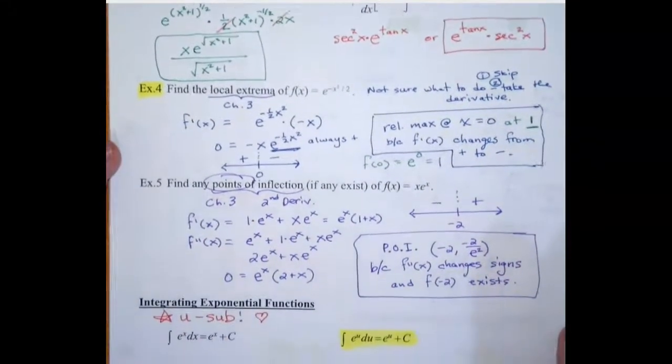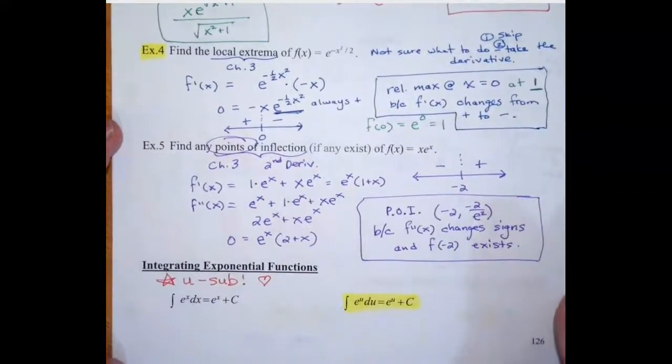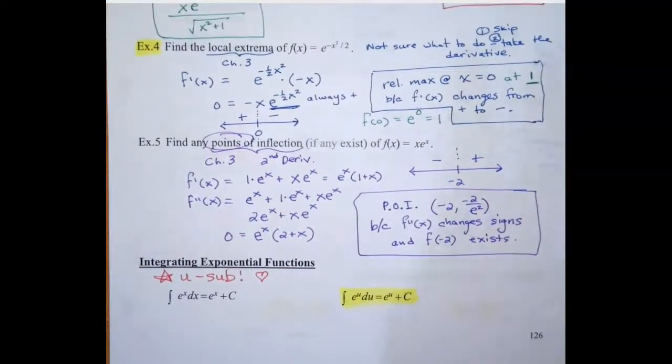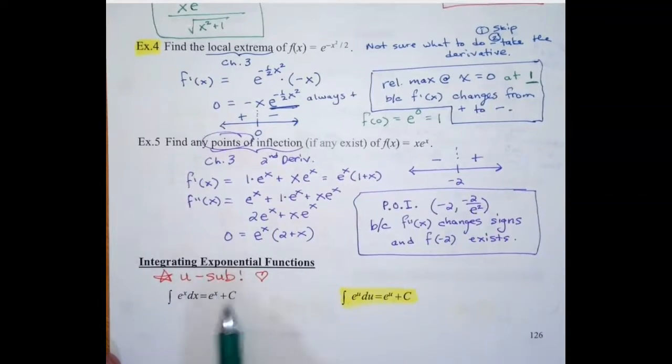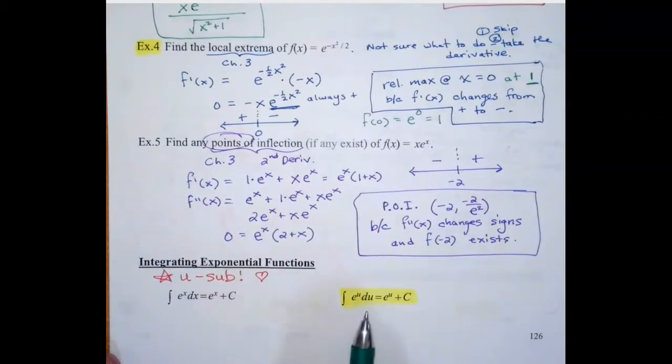Okay, and leading into the last page here, we're talking about integrating. And when we're integrating these things, it's going to kind of work the same way. The integral of e to the x is going to be e to the x, which should make sense because the derivative of that equals that. Now, plus a constant, because when you take the derivative of a constant, that's 0, so that's what's going on here.